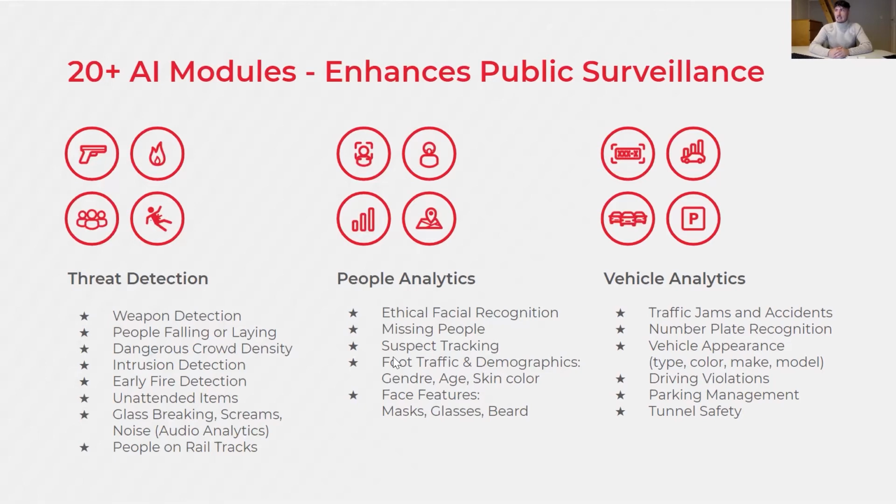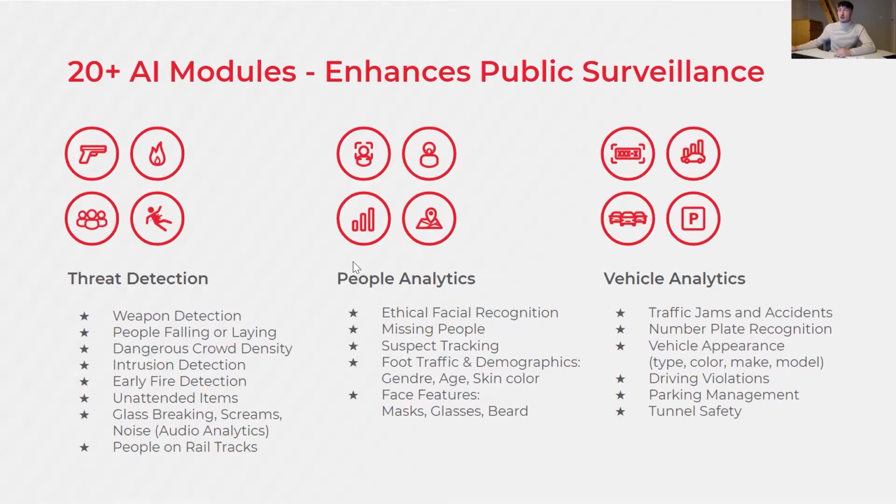But the ability for cameras which never sleep to trigger an alert to an entity if this missing child or missing person ever appears under surveillance, that is revolutionary. And that is something which cannot be ignored and shouldn't be ignored by governments across the world right now.